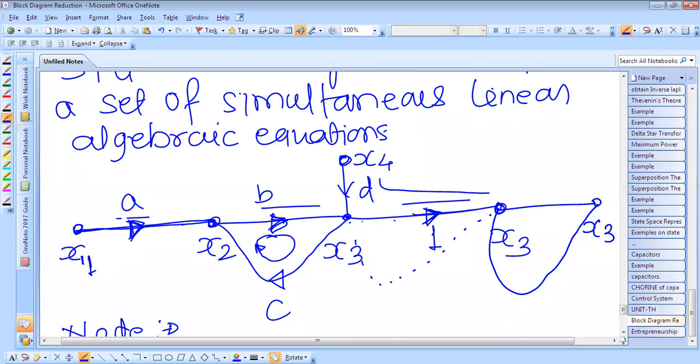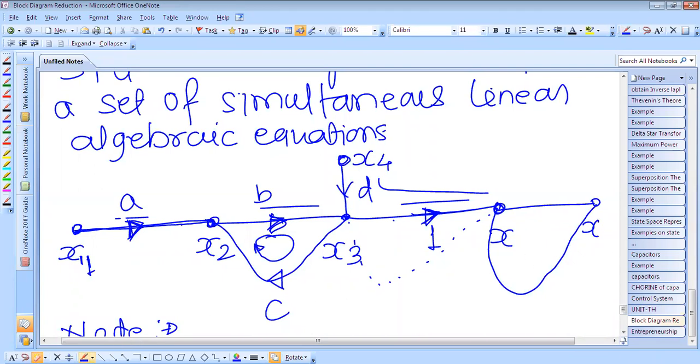Suppose this is x4 and this is x5, and suppose the transmittance of this branch is E. These two loops do not have any common nodes.